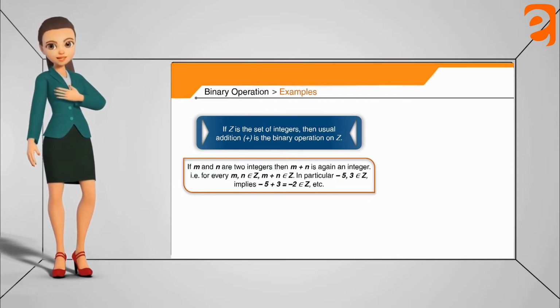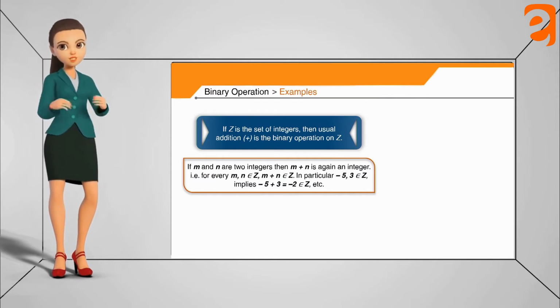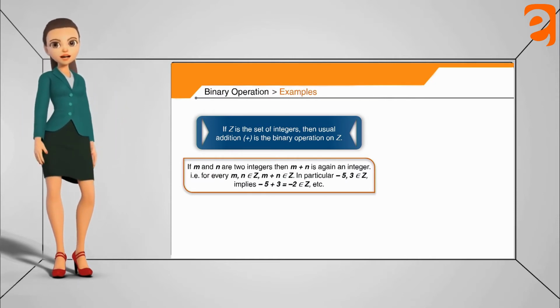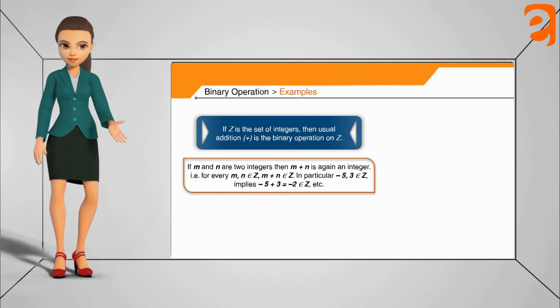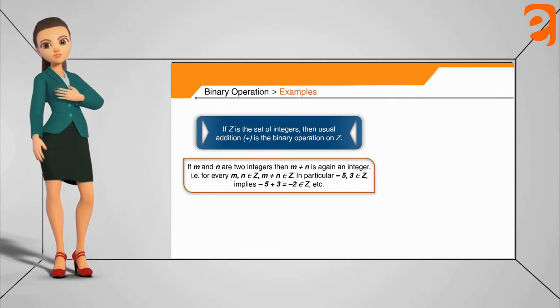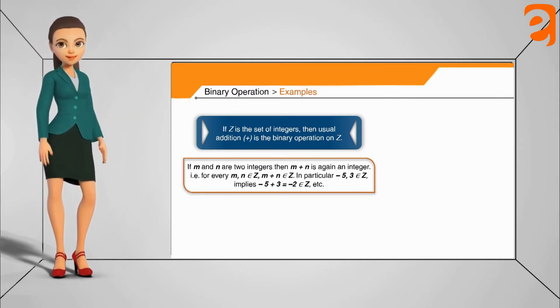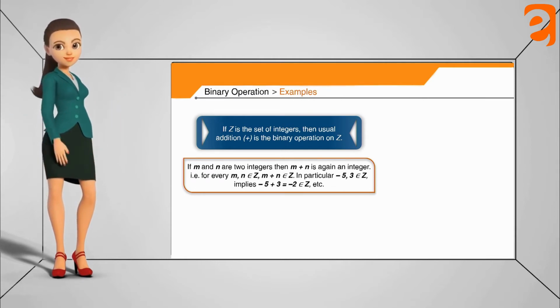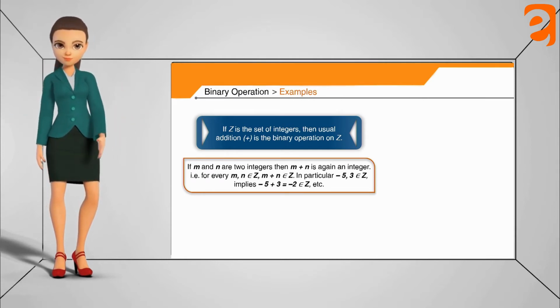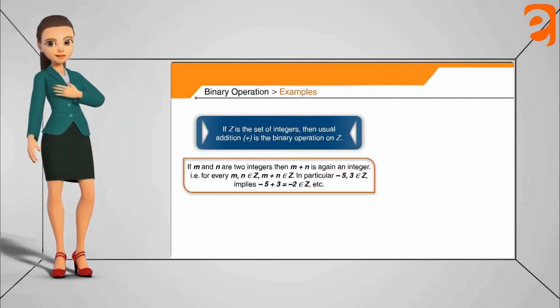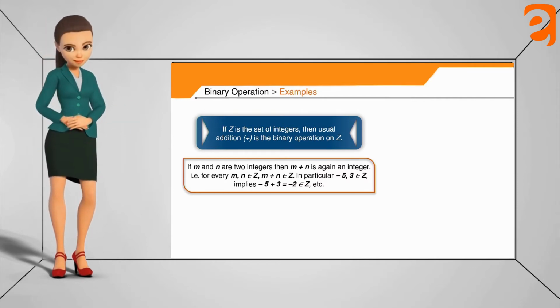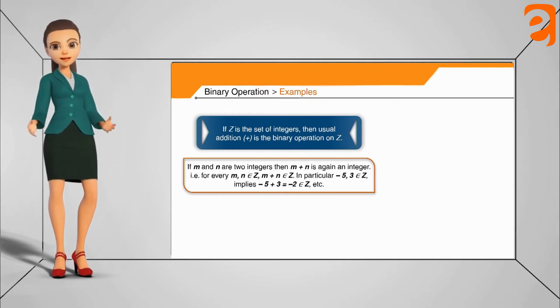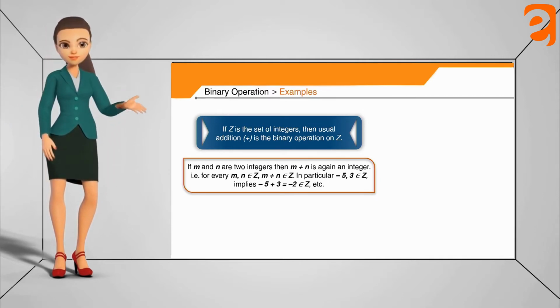Take any two elements from the set Z, add them, and the result should be in the same set Z. Suppose m and n are two integers from the set of integers, and then apply the binary operation addition. It comes out to be m plus n. Because we know that the addition of integers is again an integer, we can say that m plus n is also an integer.